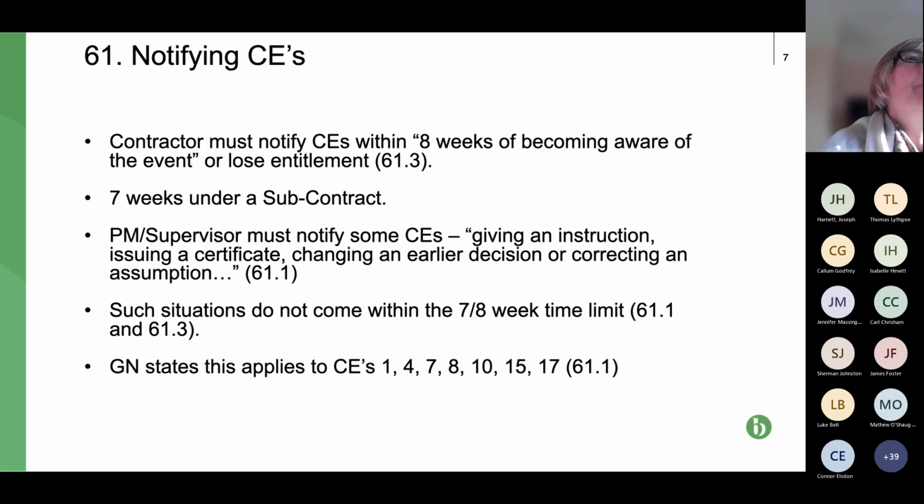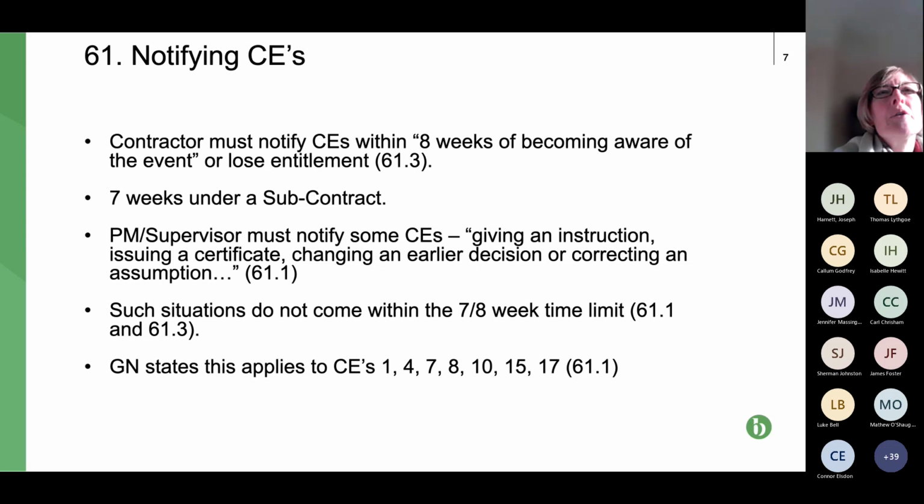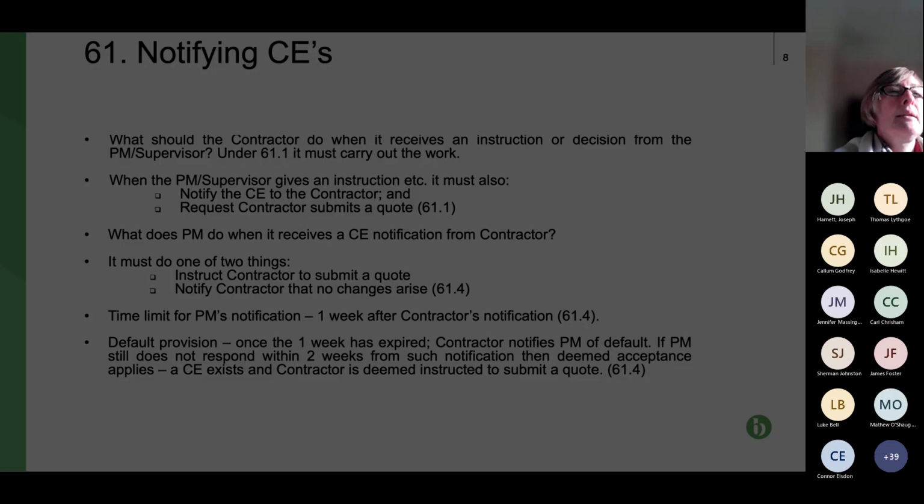The other thing is as well, if you notify everything, it just means that if it subsequently becomes apparent that actually this CE isn't one that the PM should have notified, but actually is one that the contractor should have notified, then you're covered. So happy days, you're not going to fall foul of missing that condition precedent. Next slide, please.